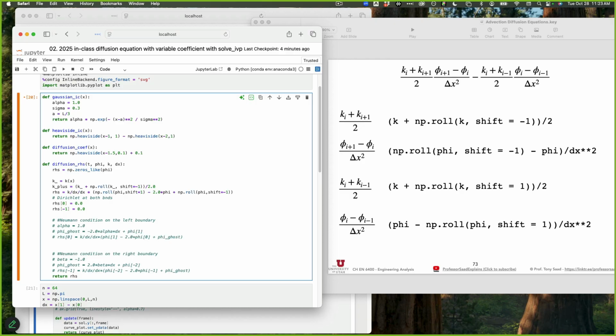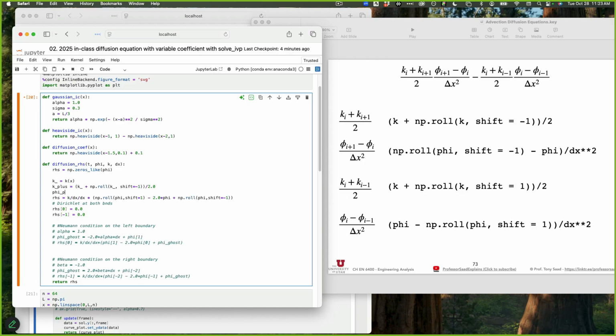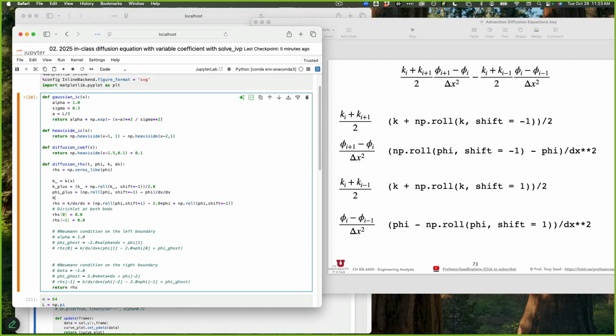So that's the k plus, and then the phi plus, that's phi i plus 1 minus phi i over delta x squared, and that will be numpy.roll of phi with shift equal -1, that's phi i plus 1, minus phi i, over dx squared. Then k minus: I call them k plus because it's i plus 1, and k minus has the i minus 1 in it.